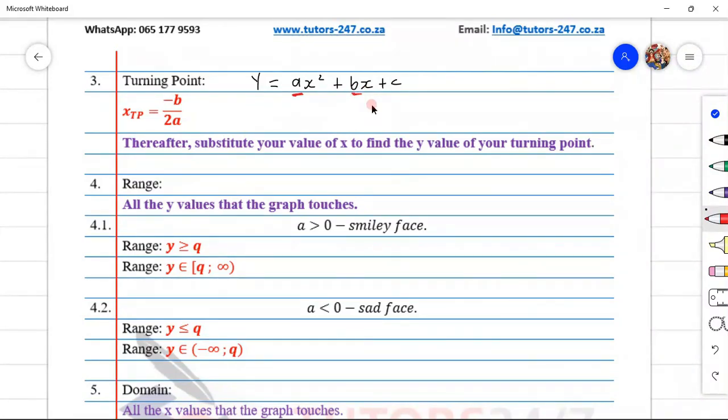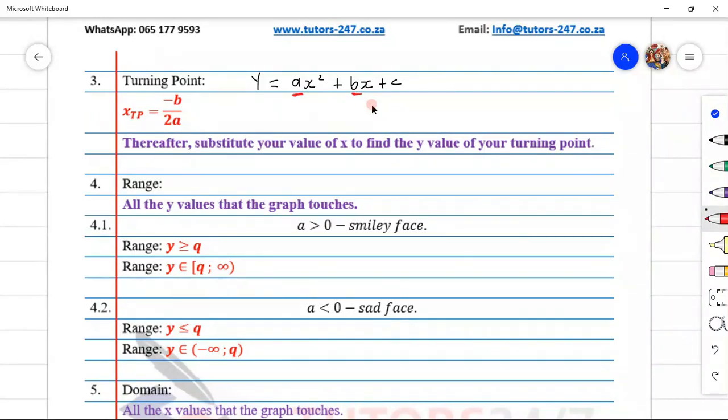So a would be the coefficient of x squared, or the number in front of x squared, whereas b would be the coefficient of x, or the number in front of x. Now we can plug all of these values into our formula, simplify it, put it on our calculator, and we can get a final value of our x coordinate of our turning point.